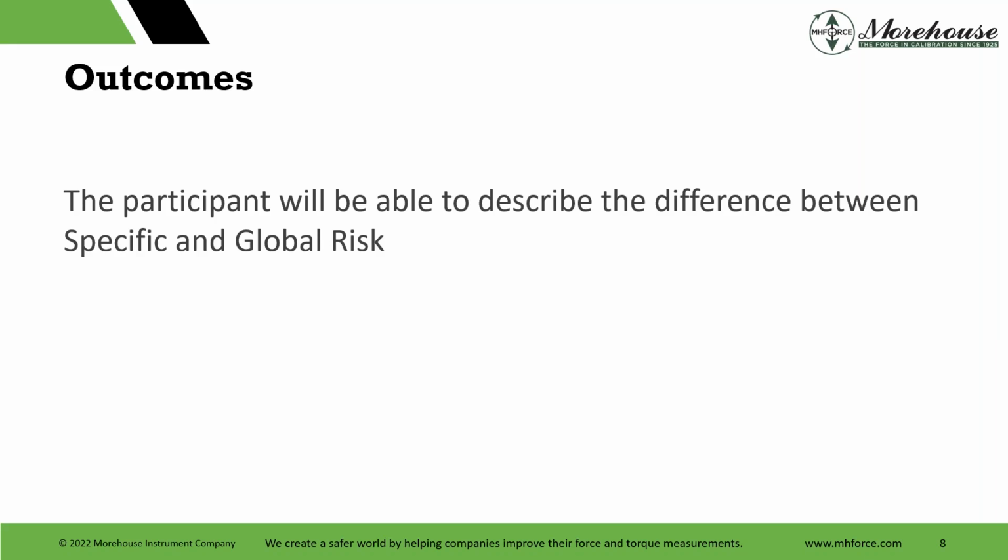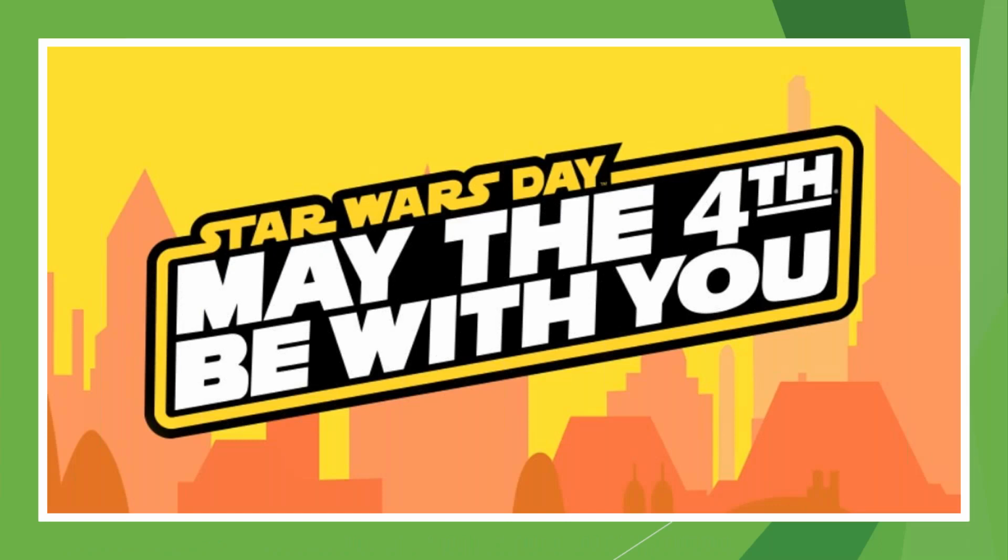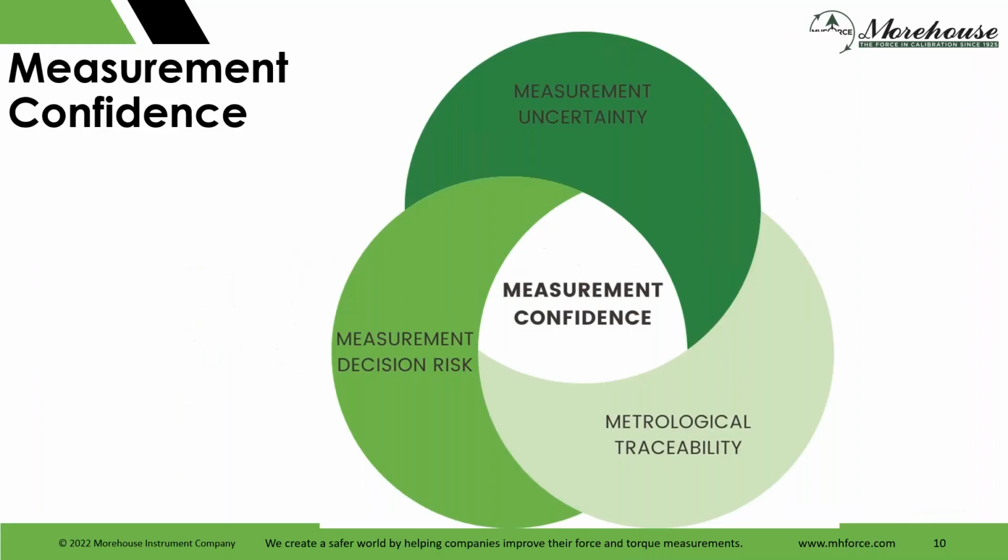If I say simple acceptance, if I say a term like specific risk, if I say a term like global risk, it's so we can all speak that same language. And then Star Wars, may the fourth be with you. Clever play on words or whatever. So looking at that, this is taken from what is also known in business as the hedgehog concept.